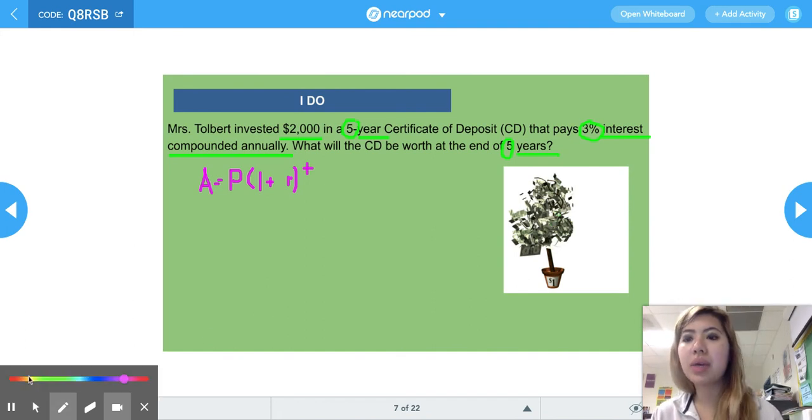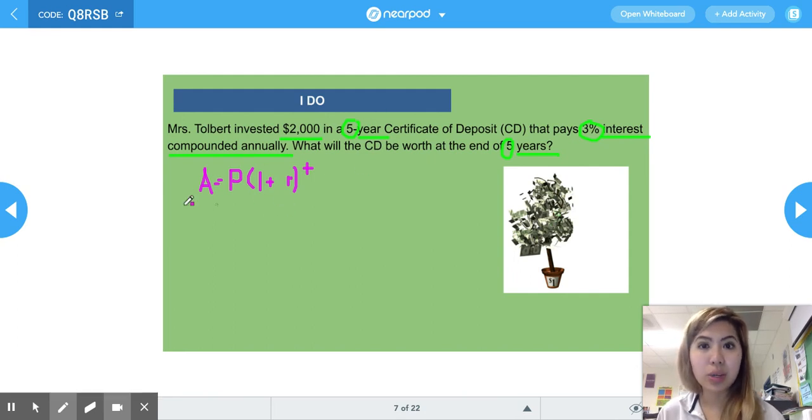Our next step is to substitute or plug in the numbers that apply to this equation. We don't know what A is, so we're just going to keep A. We know that our principal is $2,000 since that's the original amount invested. We're multiplying it by 1 plus R. And remember, R cannot be in percent form, so we're not going to plug in the 3 for 3%.